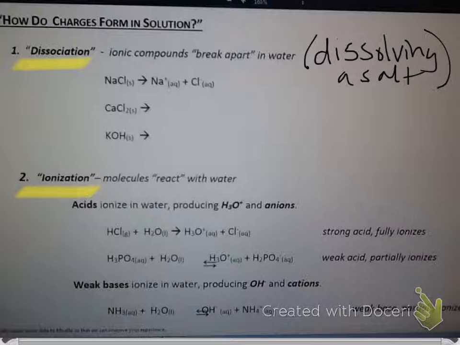So, for example, if you have a solid crystal of sodium chloride, it's got many sodium ions and many chloride ions that are held together tightly and they're bound. When you dissolve sodium chloride into water, the sodium and chloride ions dissociate or break apart.